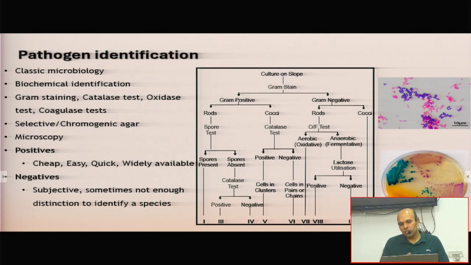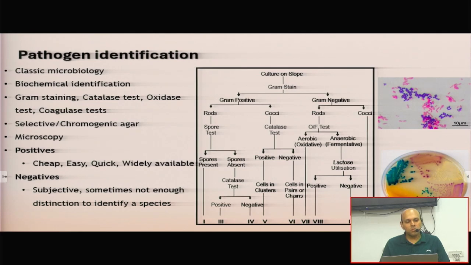You can see in the picture on the bottom right, different colored colonies that are present. That is nothing but chromogenic agar, right? Because chromo is color, and genic is giving rise to. So something that is giving rise to color. That is the chromogenic agar.